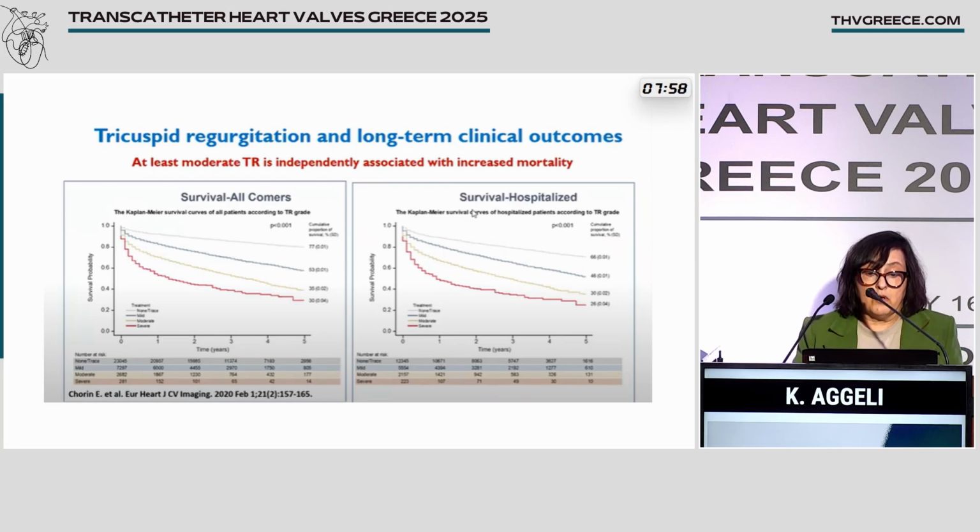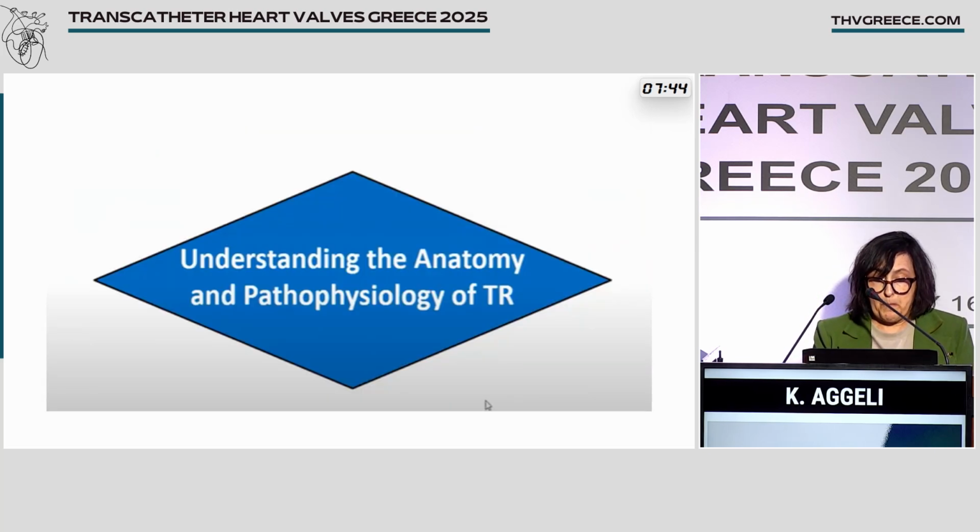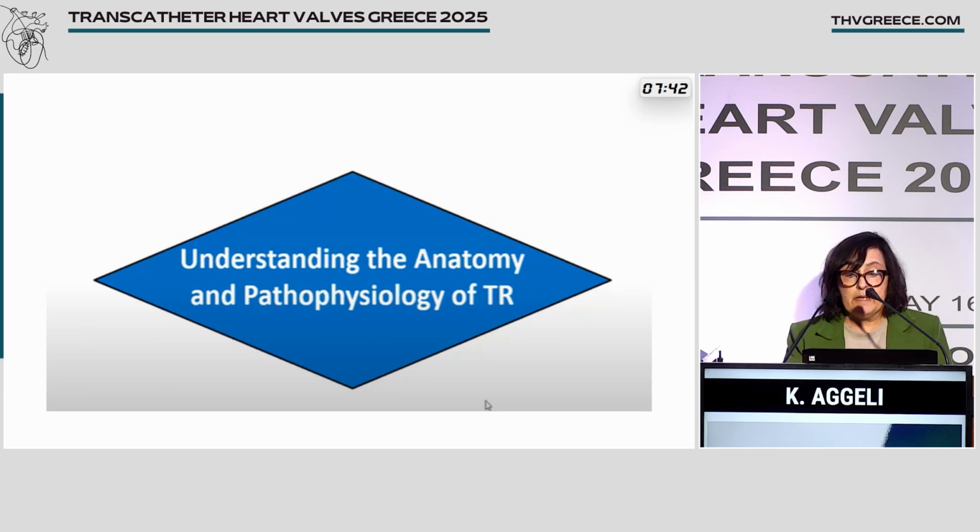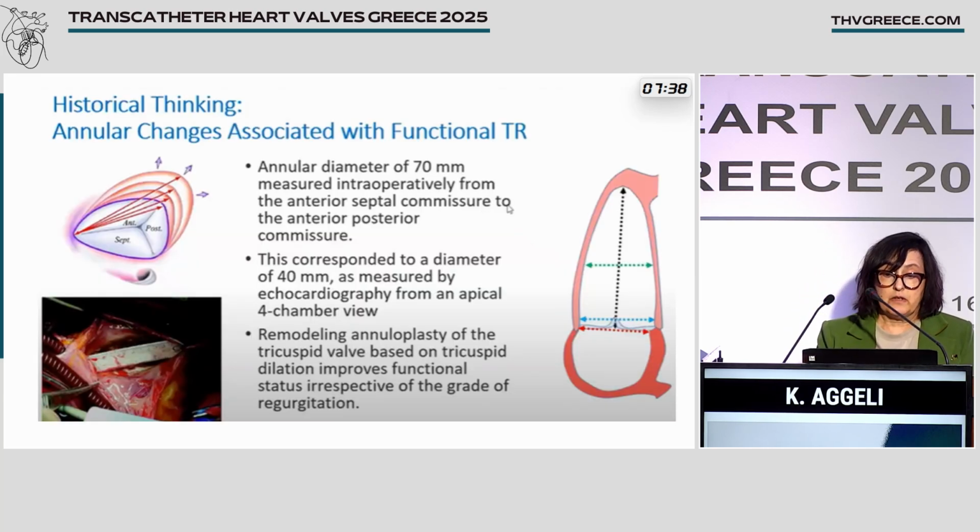And we have already realized that at least moderate TR is independently associated with increased mortality, not only in hospitalized patients, but all-comers patients. So we have a better understanding of the anatomy and pathophysiology of tricuspid regurgitation.